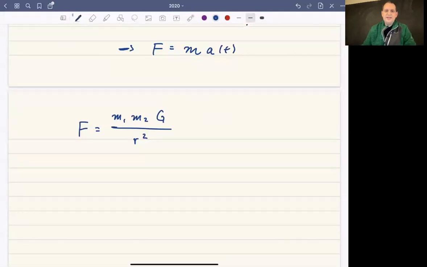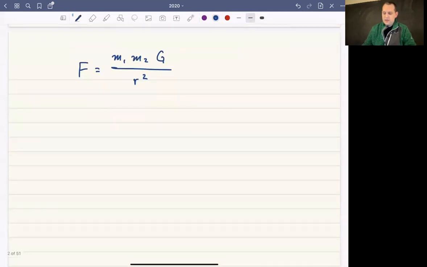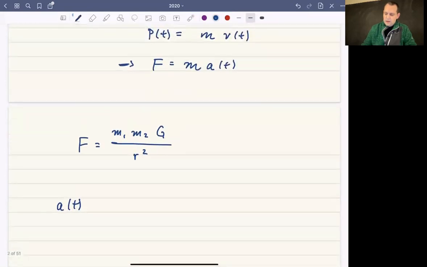And so what this says is that if we're thinking about gravitation with respect to the earth, which is roughly spherical, we can regard the distance from any point on the surface to the center of the earth as roughly constant. And so what this essentially tells us is that we can think of gravity as acceleration here.